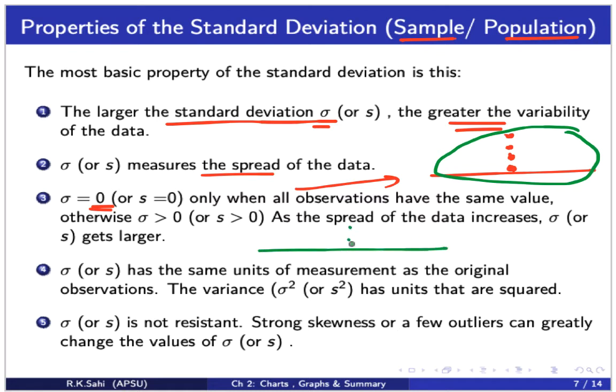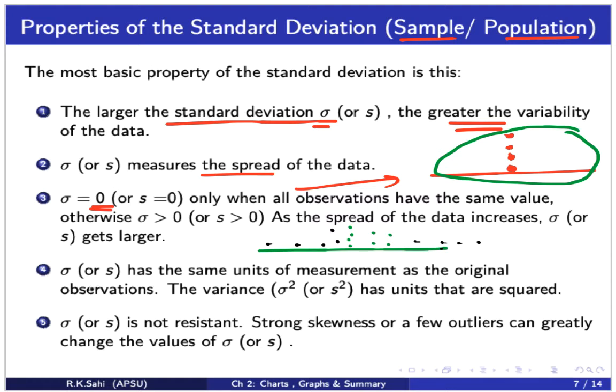If I have a data set where these values are very close to each other, okay? So this is a standard deviation which is small in number. But if I start having more values here, this is the standard deviation which is going to be definitely larger, very great in number or bigger value.